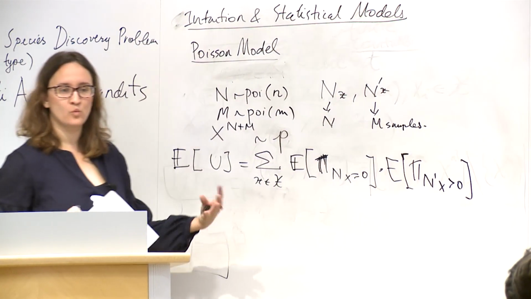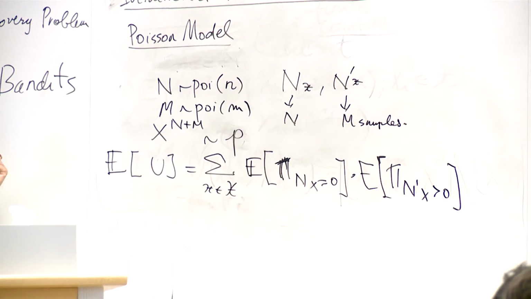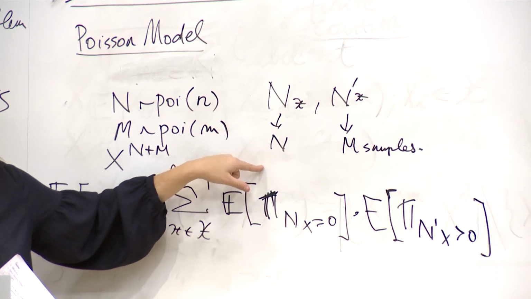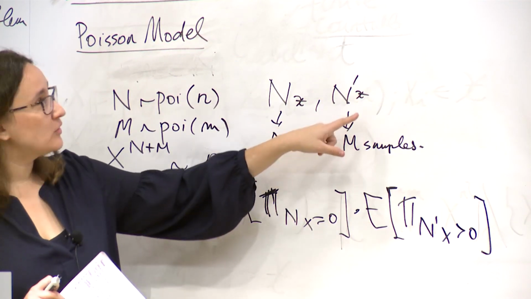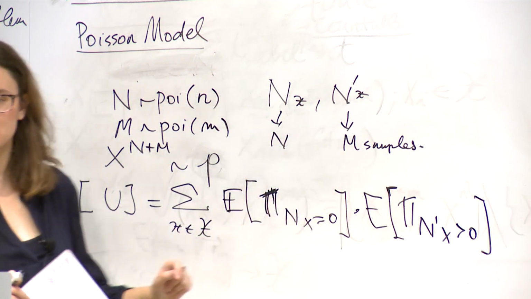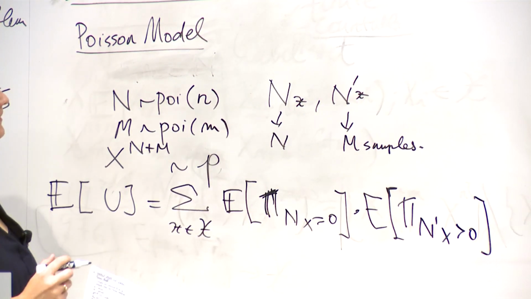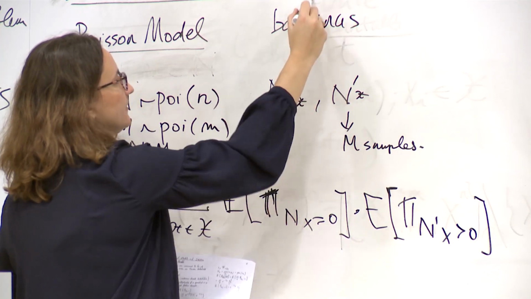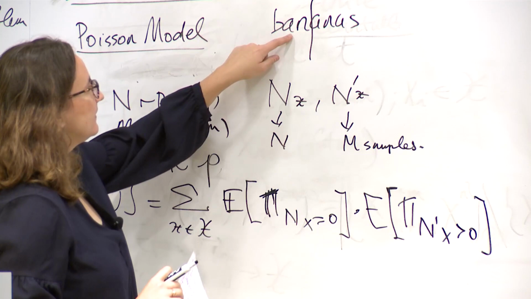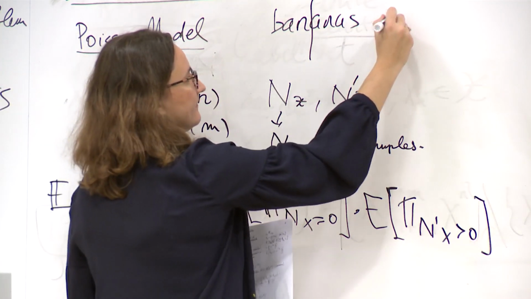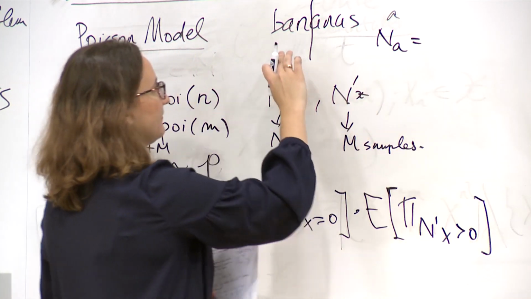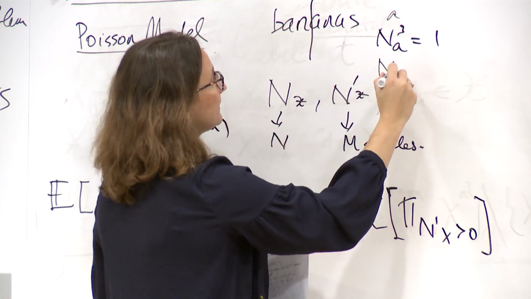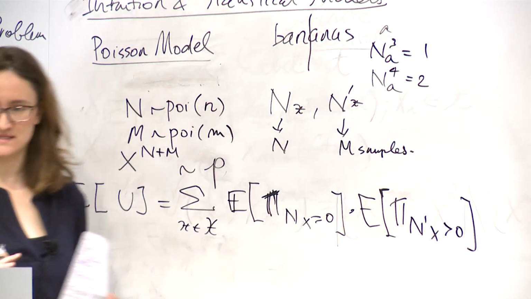To formalize: n_x is the multiplicity of label x in the first n samples, and n'_x is the multiplicity of x in the next m samples. If you remember the bananas, looking at A, n of A in the first 3 samples would be 1, and n' of A in the next 4 samples would be 2. It's as simple as that.